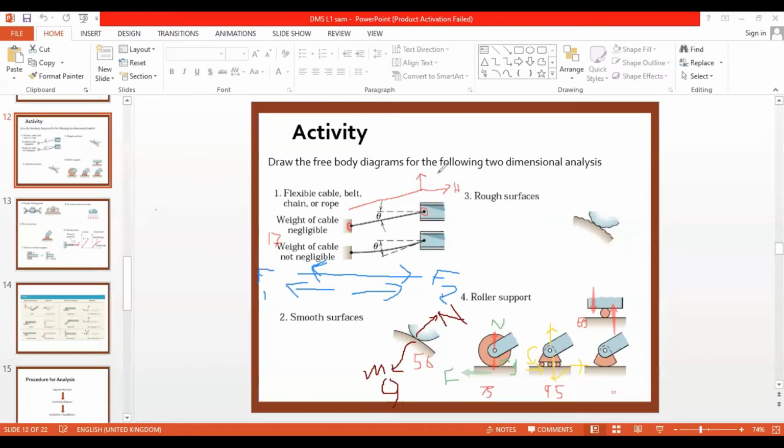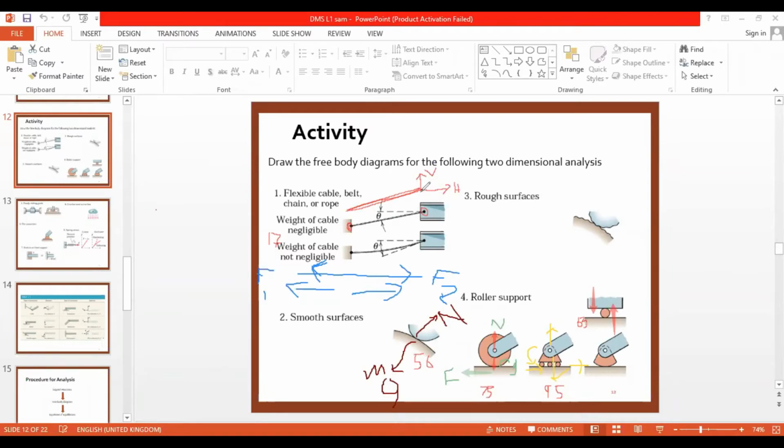So whenever you break a pin joint, it will have two forces, one horizontal and one vertical. If this rod is to be in equilibrium, we must have balanced forces.